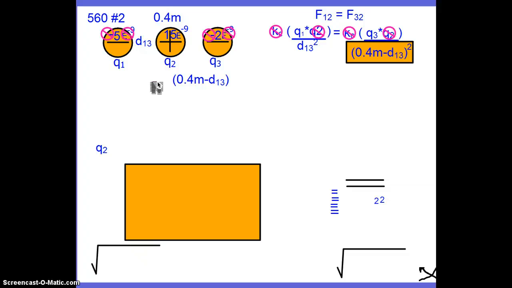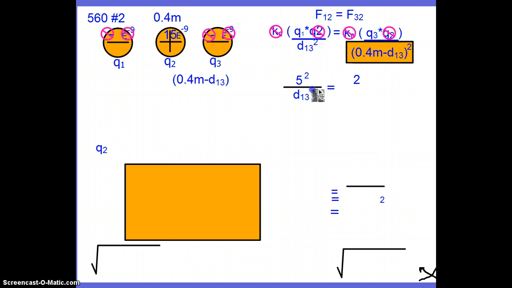So now what I'm going to do is I'm going to build our equation down in the open space. So that means we have a 5, that stands for charge 1, divided by the distance 1, 3, and that of course is squared. This is equaling our charge of 2, which is charge 3.